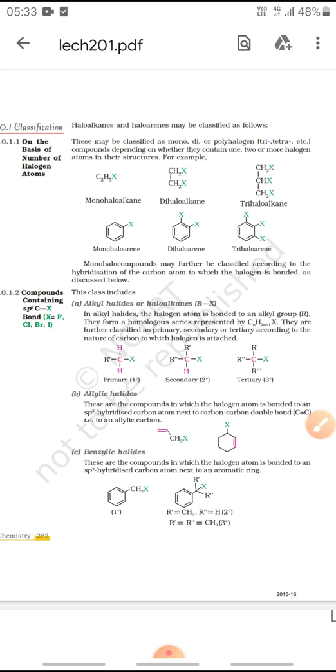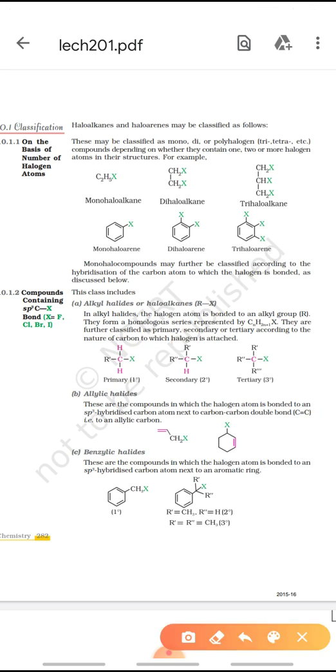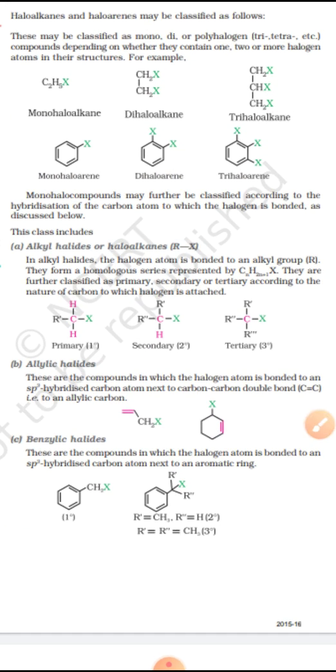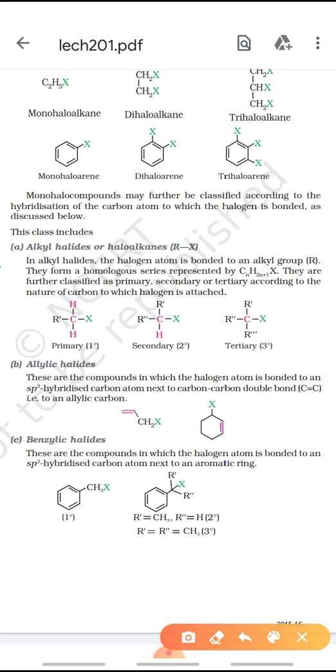Now children, these monohalo compounds can further be classified depending upon the hybridization of the carbon containing the halogen. Another classification of haloalkanes can be primary, secondary and tertiary haloalkane. Now you have to remember that when the carbon containing the halogen is further attached to one more alkyl group, then it is a primary haloalkane.